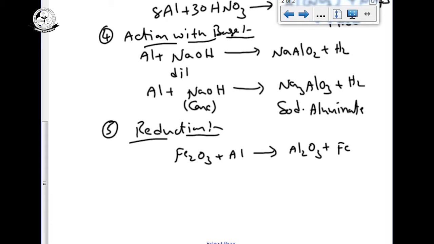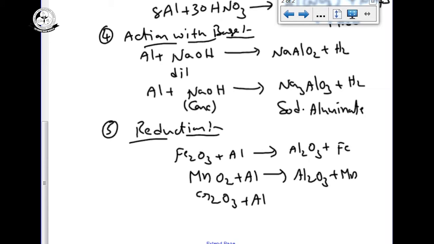Similarly, manganese oxide MnO2 with aluminium gives Al2O3 plus manganese, and chromium oxide Cr2O3 with aluminium gives Al2O3 plus Cr.